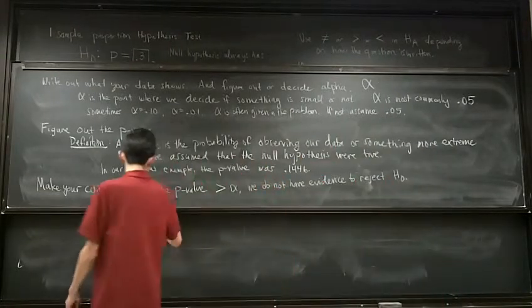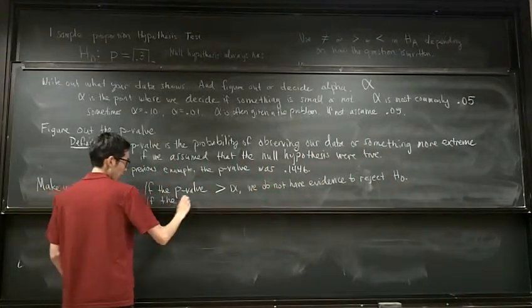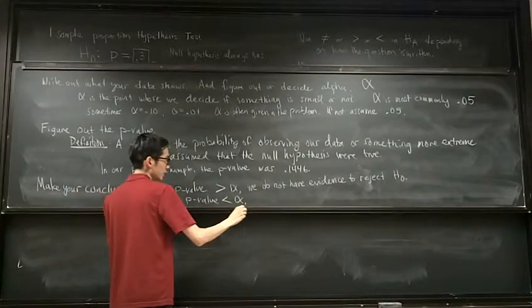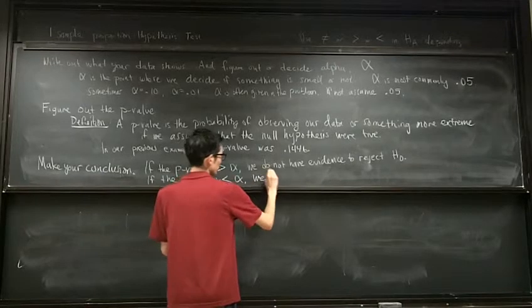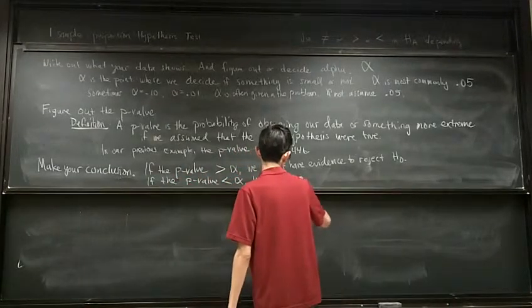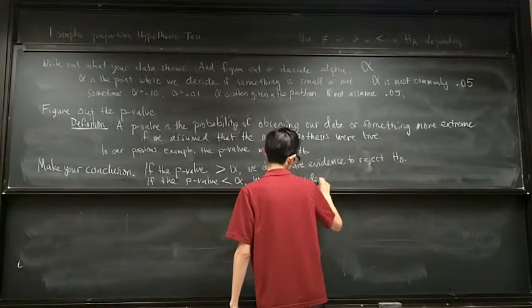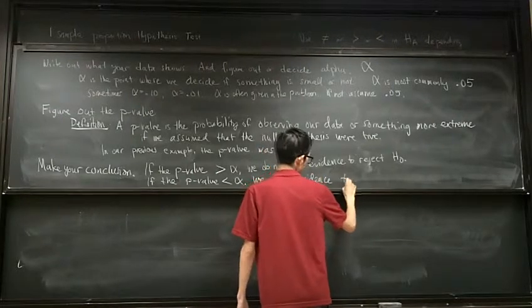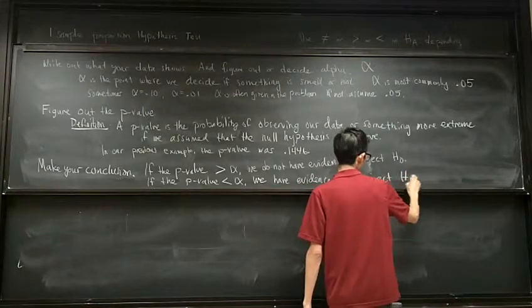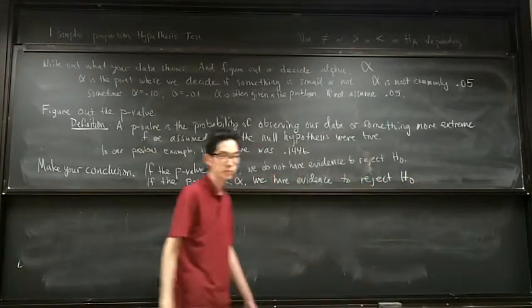If the p-value is less than alpha, we say we have evidence to reject the null.